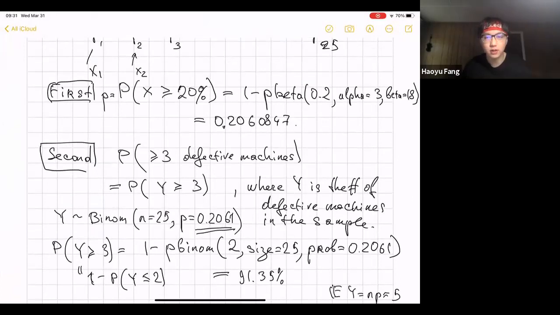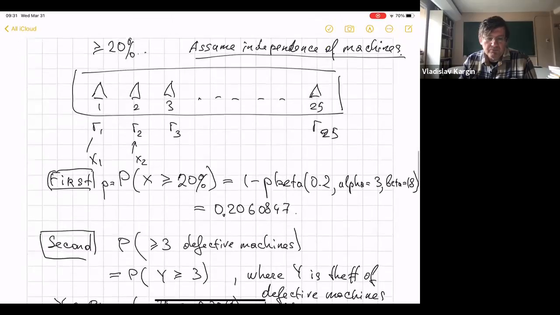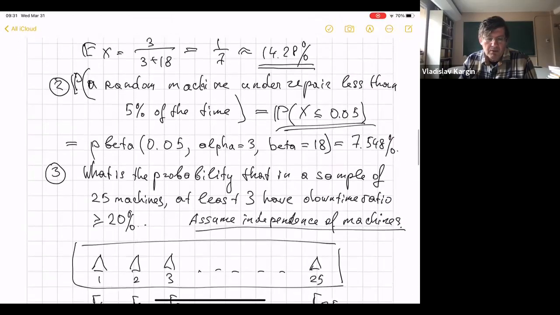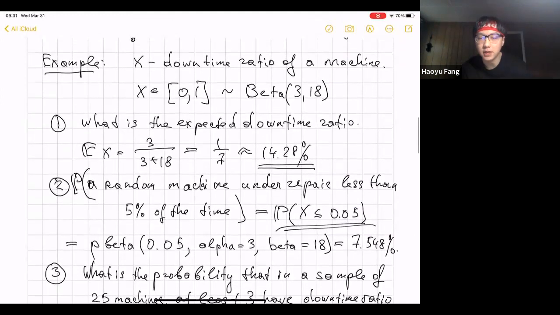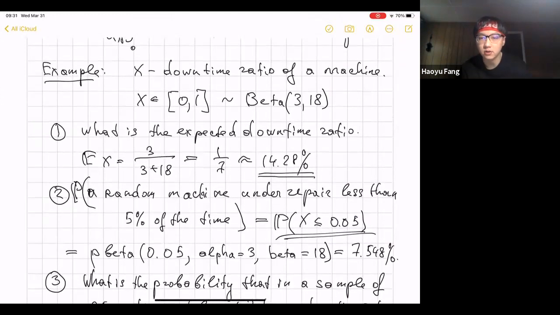I was wondering, how do you calculate the CDF for the beta distribution without using any software like R, just by hand?